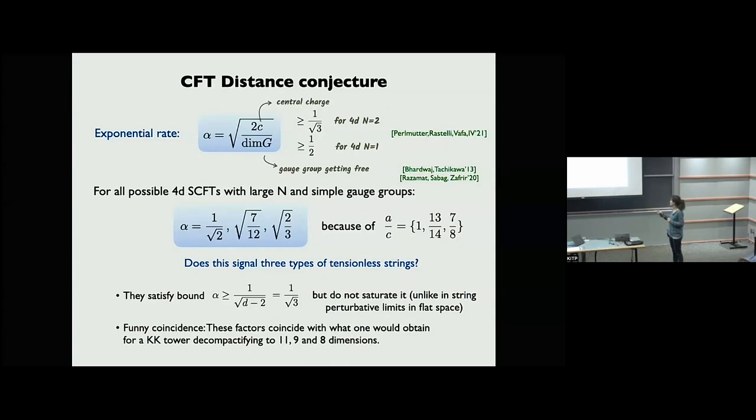And there's a funny coincidence also: these three numbers happen to be, maybe just a numerical coincidence, the exponential rate that you would get for a Kaluza-Klein tower if you were decompactifying to 11, 9, or 8 dimensions. It was very funny because this is a complicated formula, so you are not supposed to get an integer necessarily, but somehow you get an integer.